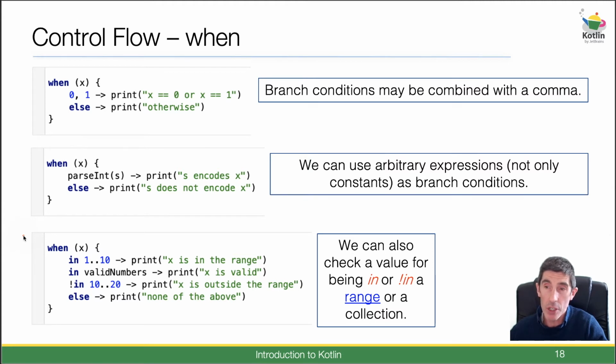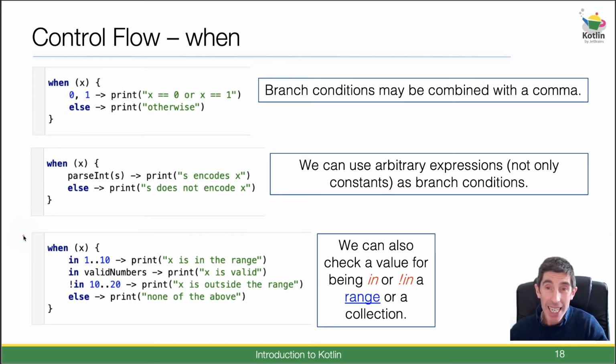Okay. In the last example there, we can also check a value for being in or not in. So this is a new addition to the language again, a particular range or a collection. So here we have when x, if x happens to be in the range 1 to 10, we will execute that statement. So print x is in the range.